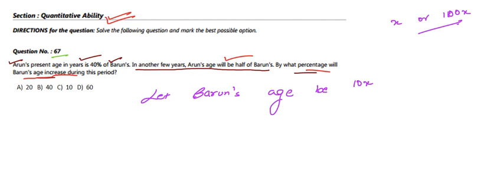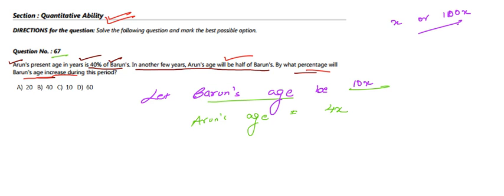From Barun's age 10x we can find Arun's present age, which will be 40% of Barun's age. So Arun's age will be 40% of 10x, which is 4x. So Barun's age is 10x and Arun's age is 4x.